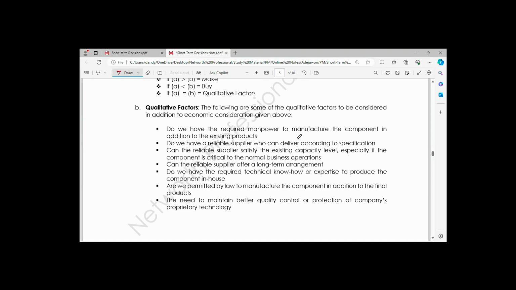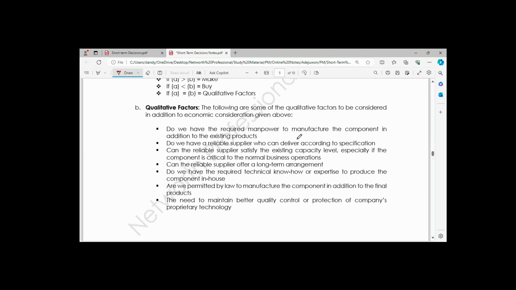Not that the supplier will tell you, please, we are bringing 60,000 kg now, and in the next few hours we are going to bring the balance of 40,000 kg. It doesn't work that way. That 40,000 balance may not come in a few days, and this may disrupt the activity of the business. That's why you need to ensure that you have a reliable supplier who can satisfy your existing capacity level.